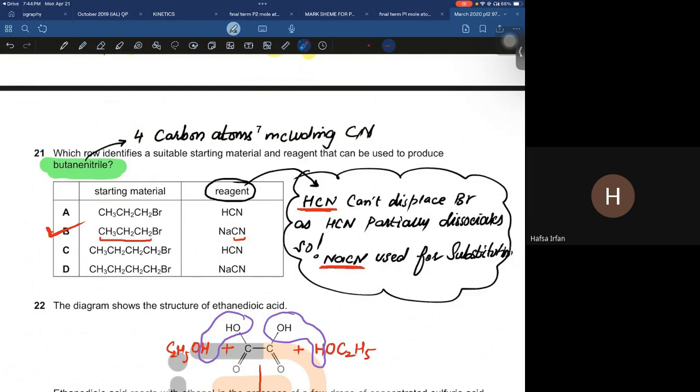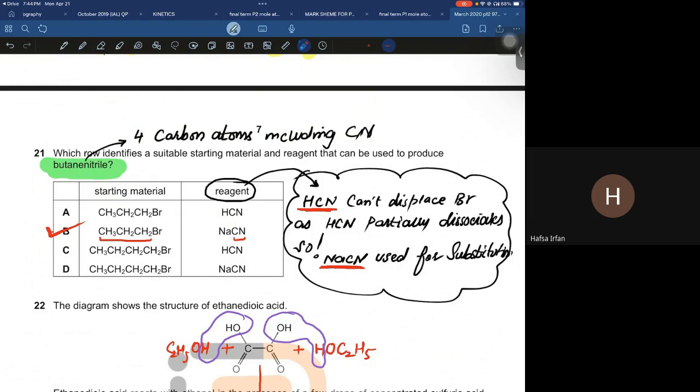That's why you opt for option B, in which sodium cyanide substitutes the bromine, because sodium cyanide completely dissociates into Na plus and CN minus. With enough cyanide ions, the bromine is substituted by CN, and butane nitrile is formed.